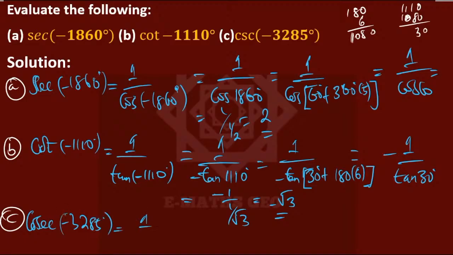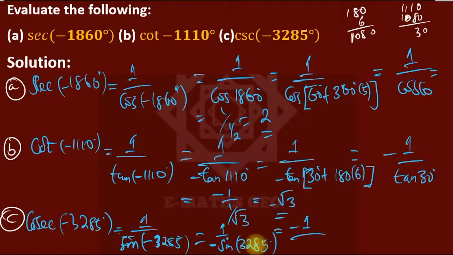So I told you cosec is 1 over sine, so mine is now 1 over sine of minus 3285. Also, sine is an odd function, so we'll bring out the negative sign. So negative sine 3285. So this is now minus 1 over sine 3285.